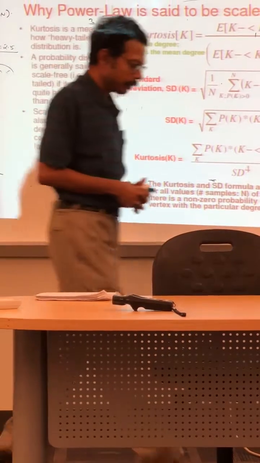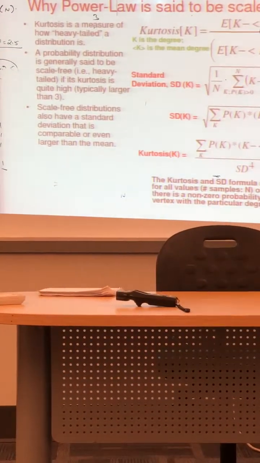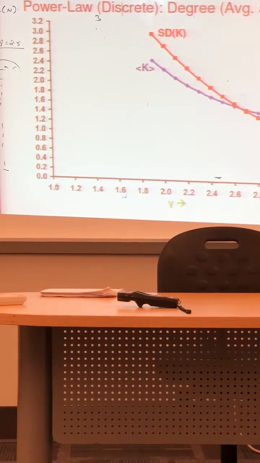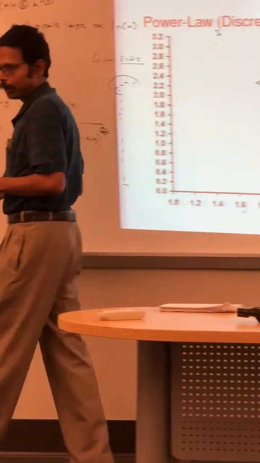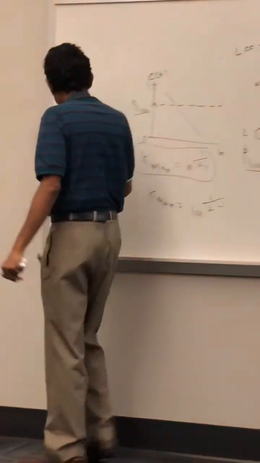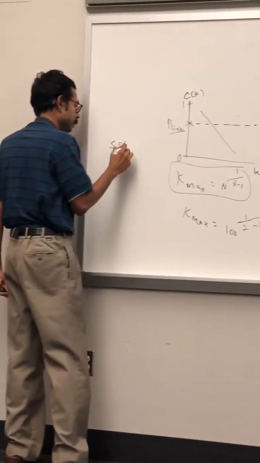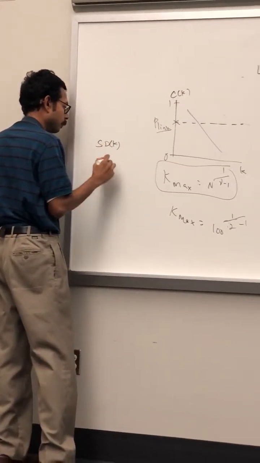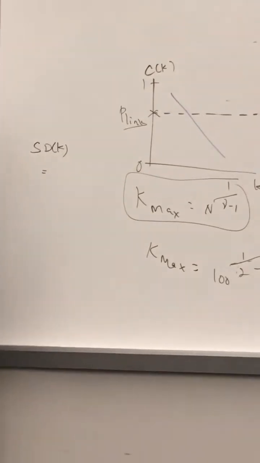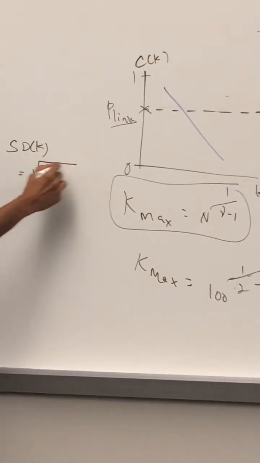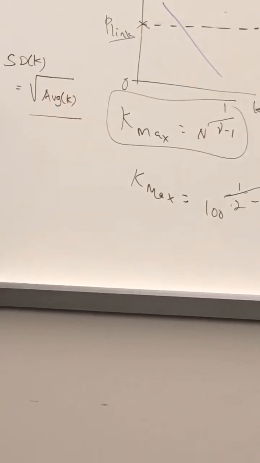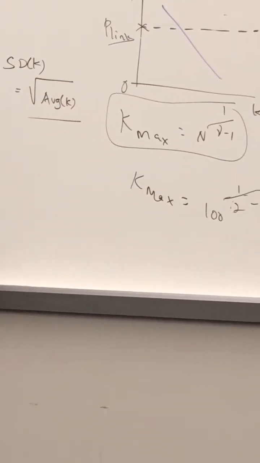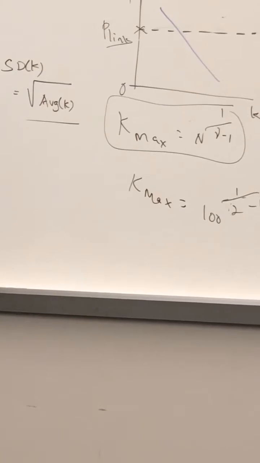Okay. Then sometime back, I also mentioned why we call these networks scale-free. In a random network case, the standard deviation of node degree was what? What's the formula we just saw earlier? Square root of the average degree, right? So standard deviation is expected to be less than the average.